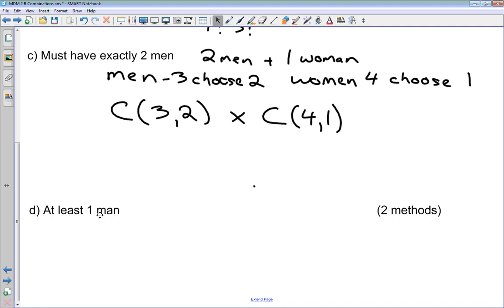And we can work out what this is. 3 choose 2 works out to be 3. 4 choose 1 is just going to be 4. So in total, there are 12 different ways we can choose this committee of 2 men and 1 woman.